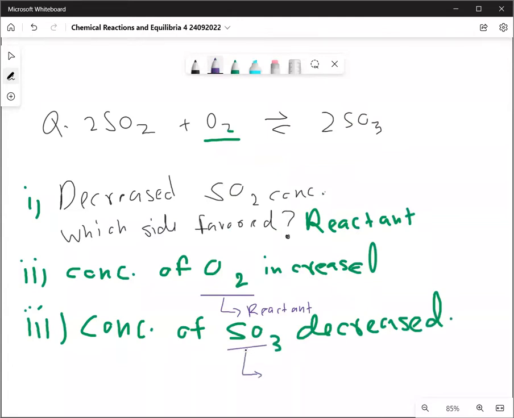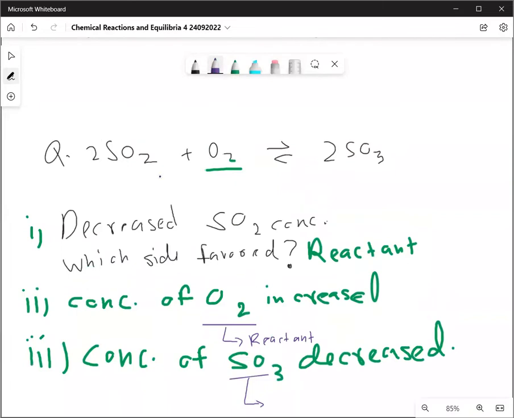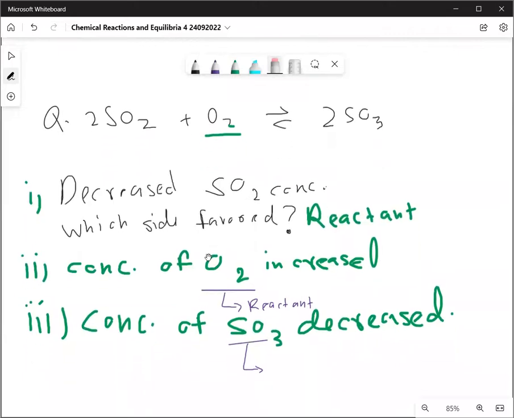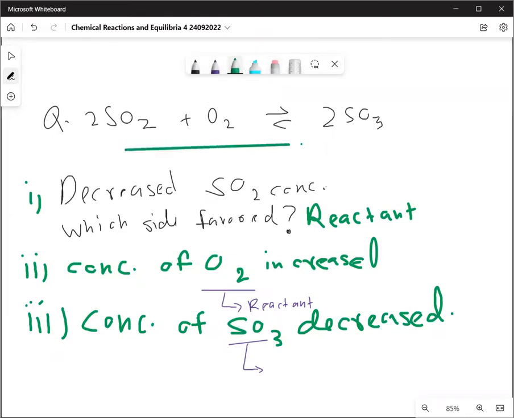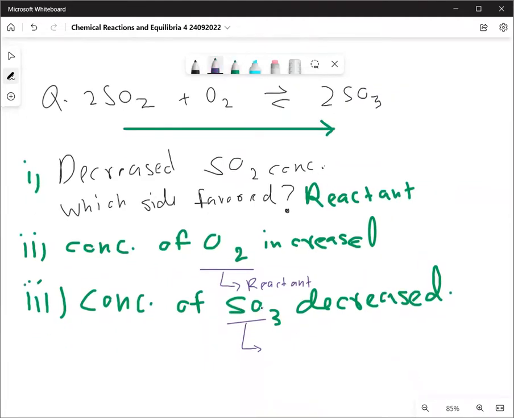Where are reactants, on the left side or right side? Left side. Do you see SO3 there? Sir, I thought you wrote this by yourself. I'm so sorry. So SO3 is a product. Decreasing concentration of product favors yield of product. Is the reaction going forward or backward? It's going forward.